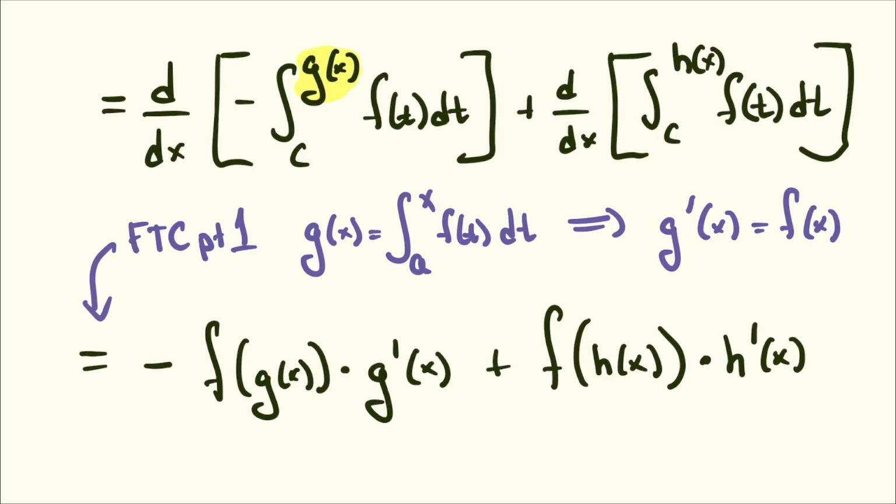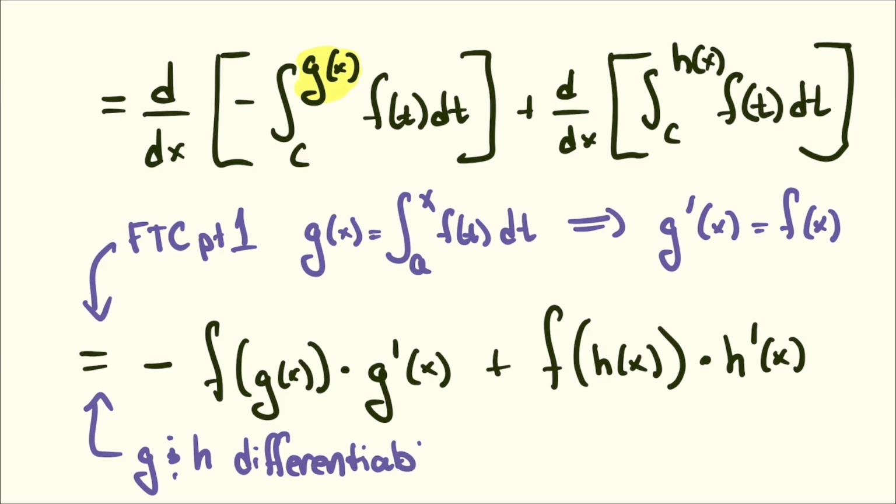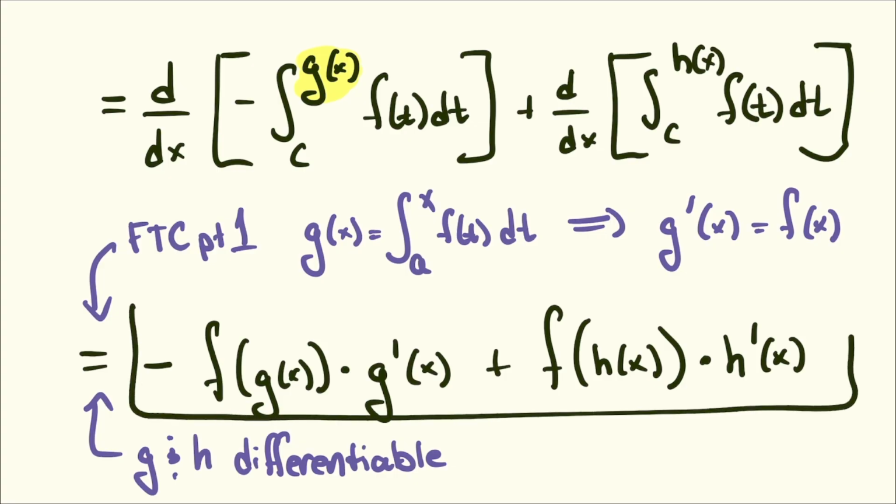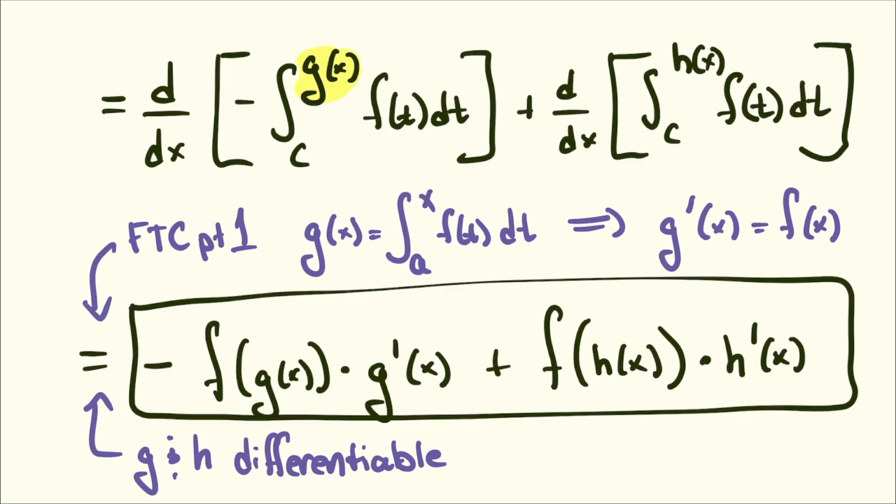So this also uses the fact that, again, g and h are differentiable. So we used all of the things that we needed to, and there is our nice solution for our formula for that big integral in the first page.